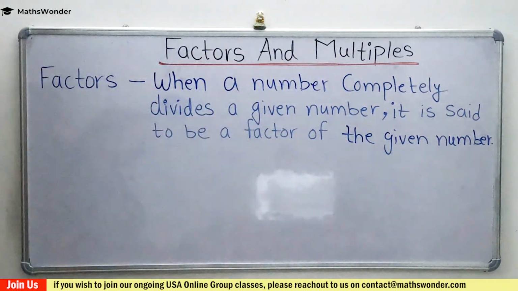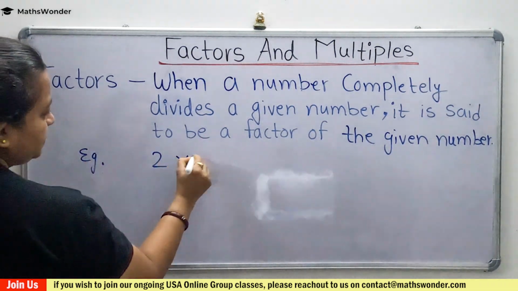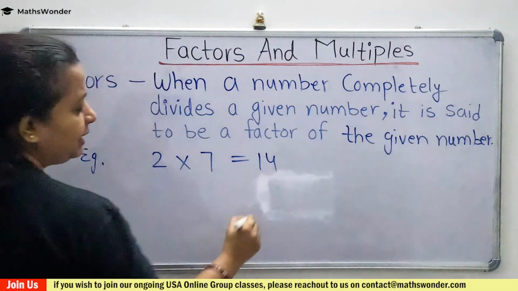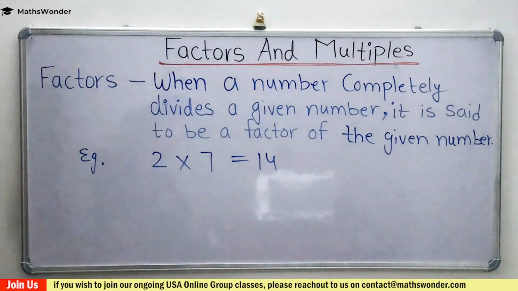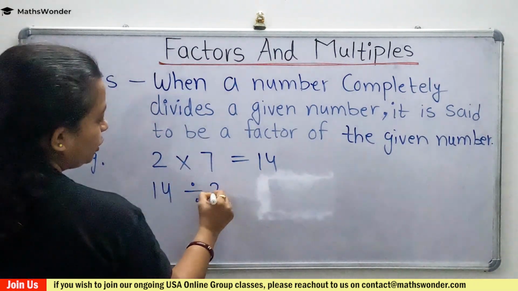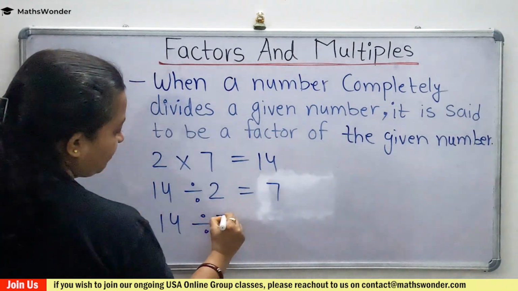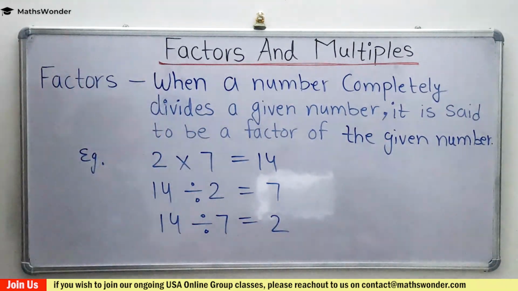For example, suppose 2 times 7 is 14, right? As you know, 2 times 7 is 14, or 7 times 2 is 14. But when you divide, 14 divided by 2, you will get 7. Same, 14 divided by 7 will give 2.